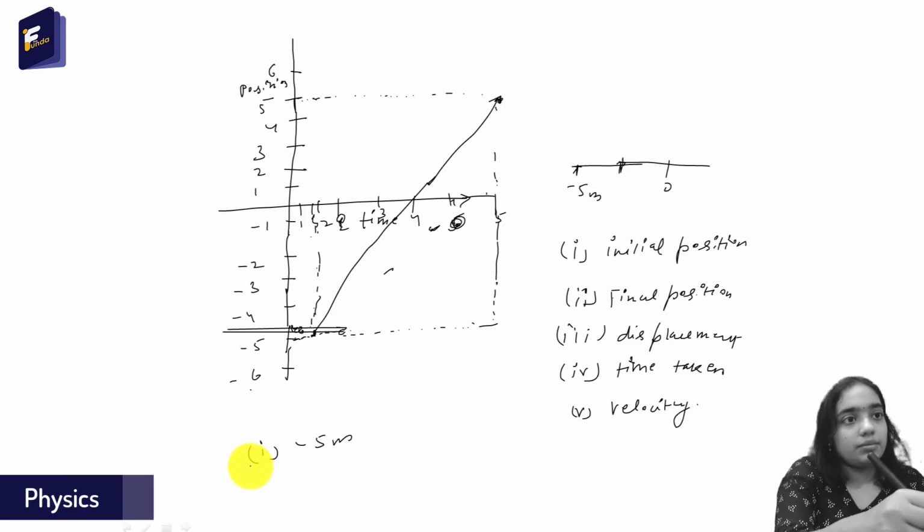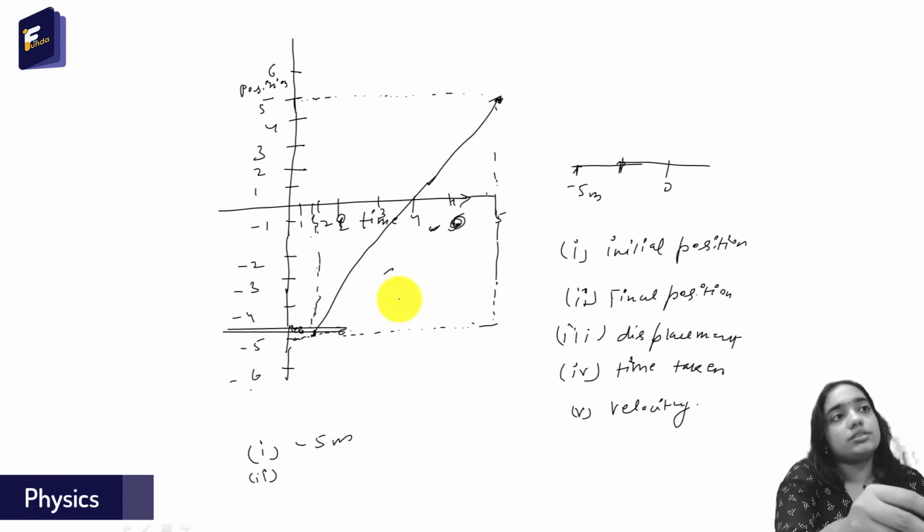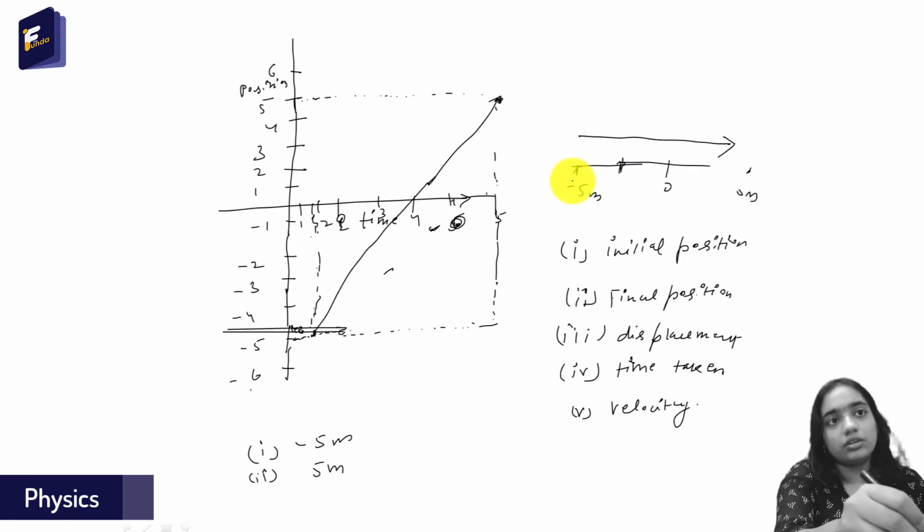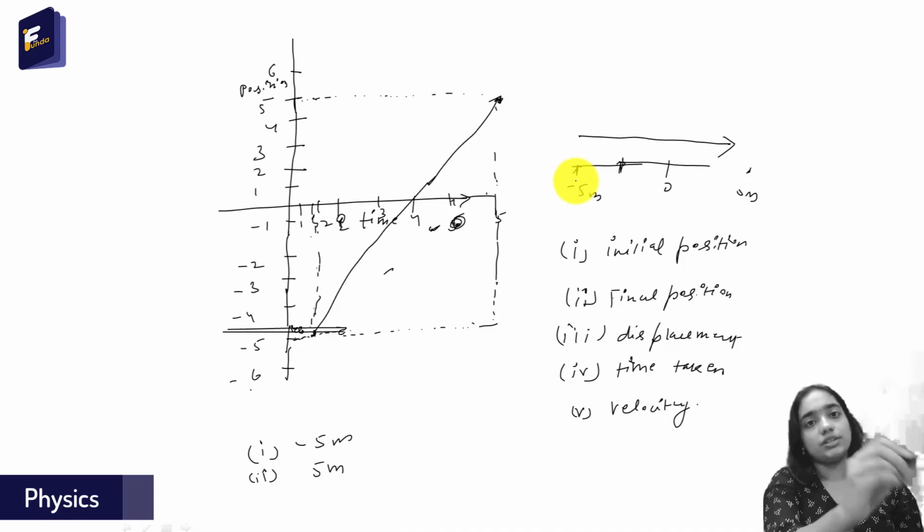So what is the final position? It's obvious from the graph that it is 5 meter. If we take the origin like this, then here is the final position. It means the particle went from minus 5 to 5 like this. You can visualize it like that.